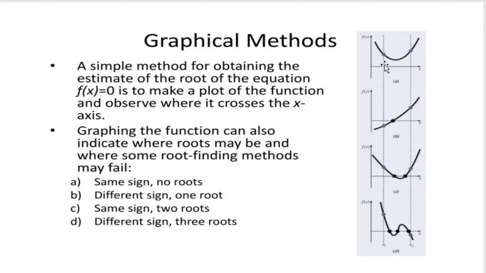for a particular range, that is for a lower limit, say we denote it by xl, and the higher limit of x value we denote it with xu, for that range if we want to check whether the root will lie between this range, and we calculate function values for the lower limit xl and function value for the upper limit xu, and if the function values have the same sign as in the graph 1, f of xl and f of xu both are positive.